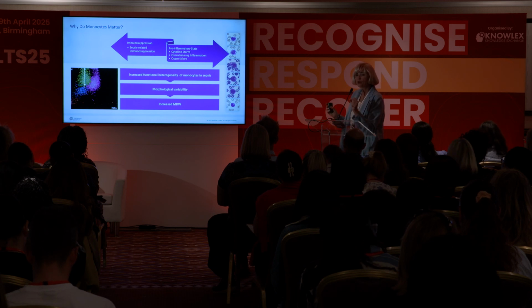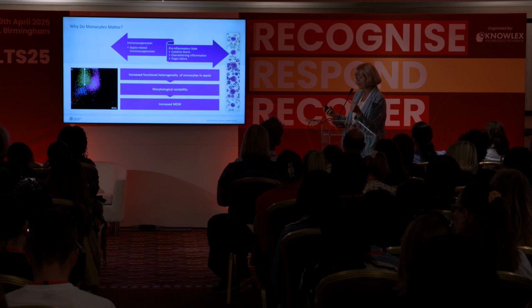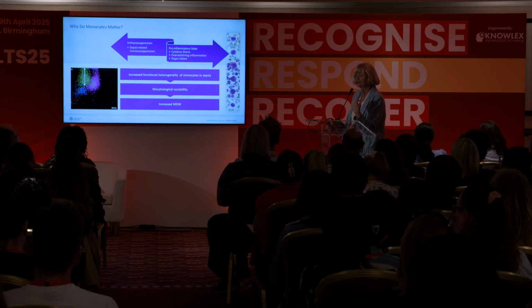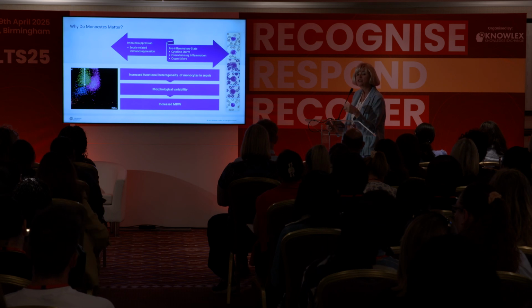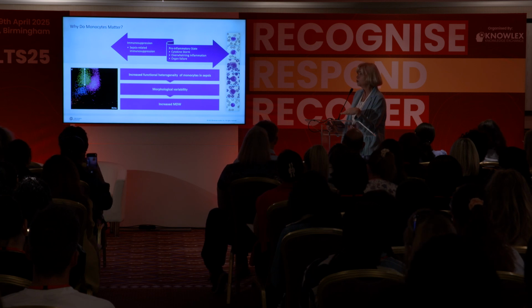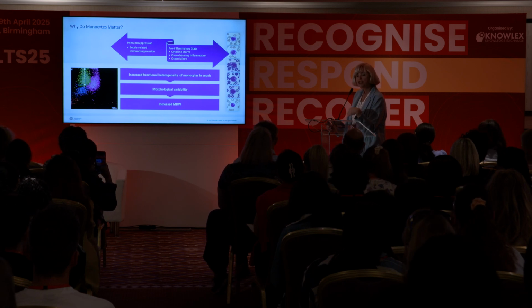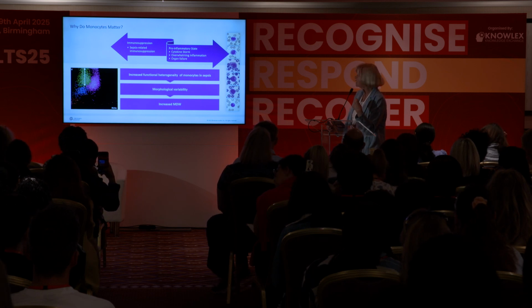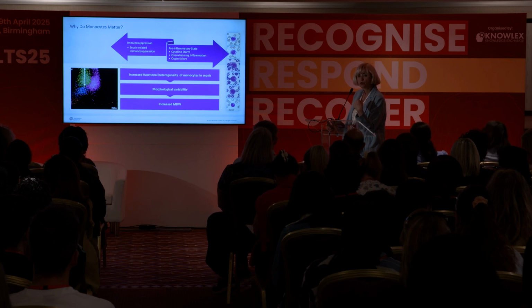Because they are involved in these two opposite processes in the patient with sepsis, in the literature you can find information about increased functional heterogeneity of monocytes in sepsis, which translates into morphological variability, and which can be detected with the increased monocyte distribution width.